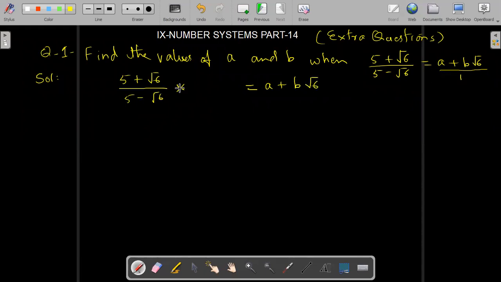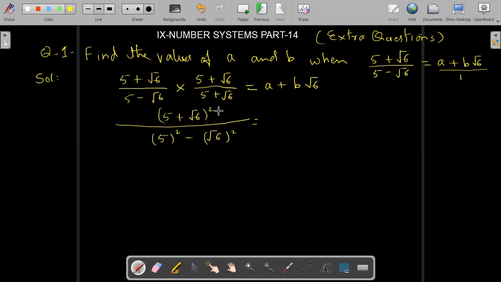As you know, we multiply and divide by 5 plus root 6 upon 5 plus root 6. So in the denominator, again this will become 5 square minus root 6 square, and the numerator will become (5 plus root 6) whole square. The right hand side stays as it is until the end, then we equate.